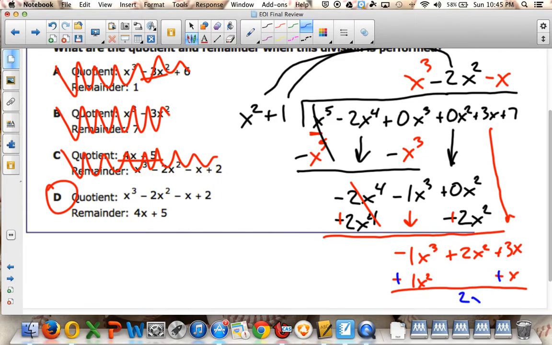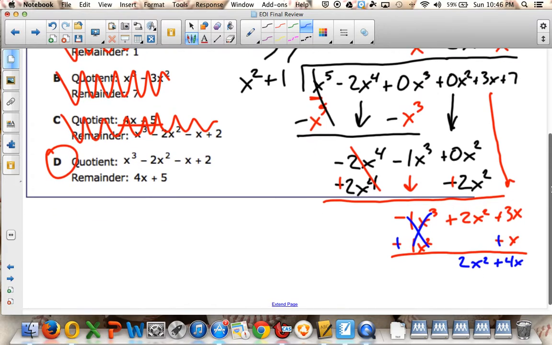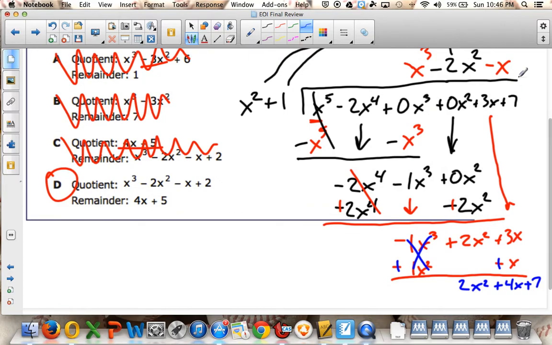That gives me 2x squared plus 4x. And yes, the first term is canceled. And I bring down my next term, which is 7. Now I have to say what multiplies by this x squared to get 2x squared. And yes, it's just 2.